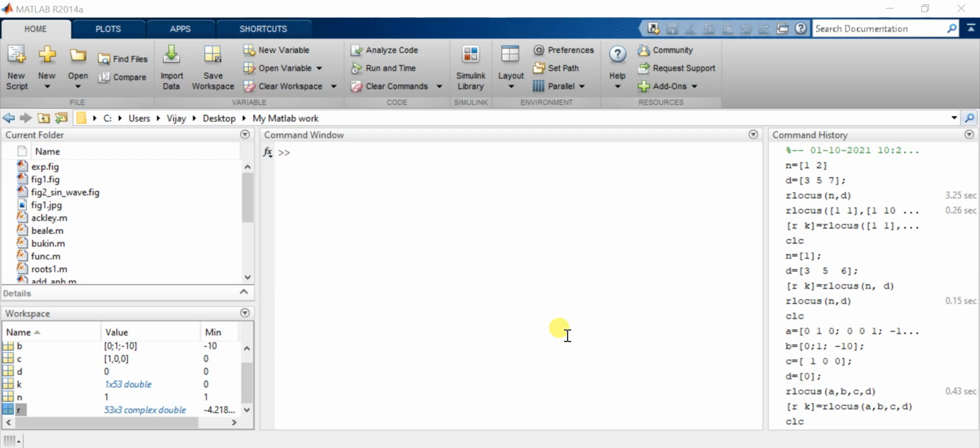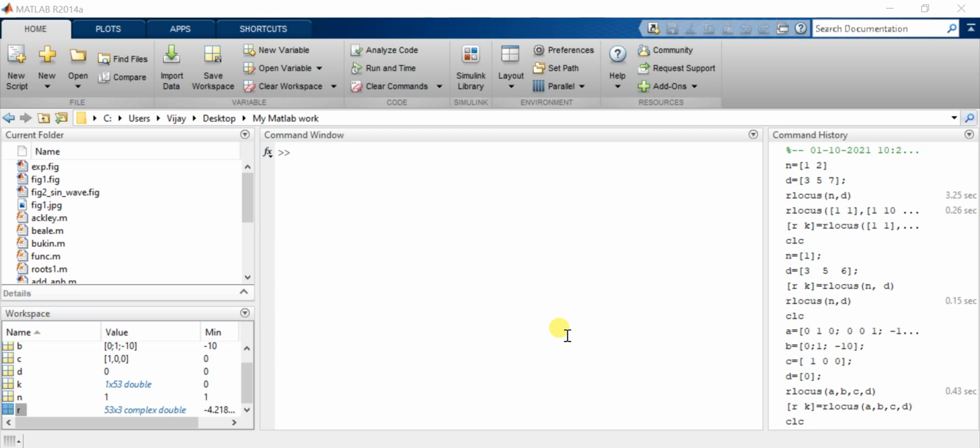The frequency in logarithmic terms can be represented as u. U is the frequency on a logarithmic scale, u equal to log base 10 of omega. Omega is the frequency which you have to consider.